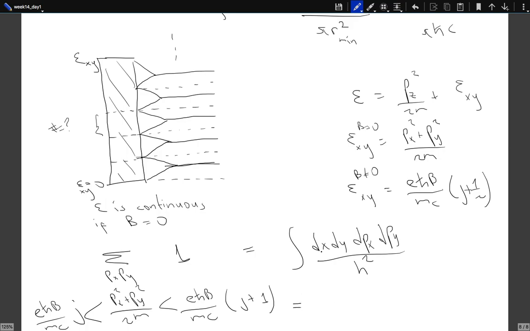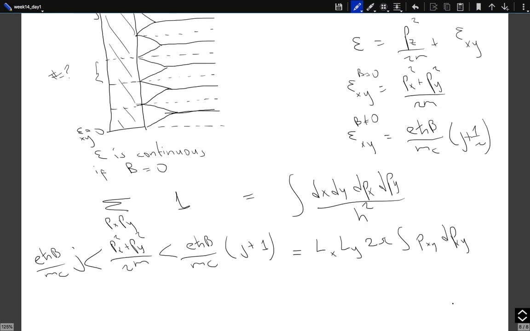which is, dx dy just gives me Lx Ly, and if I go to polar coordinates, I have 2 pi pxy dpxy, the magnitude of the momentum in the xy plane, divided by h squared.